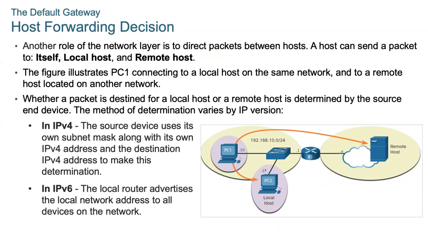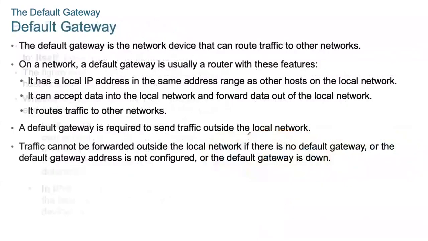Here with IPv4, the source device uses its own subnet mask along with its own IP address and the destination IPv4 address to make this determination. In this case, what is the major role that the default gateway plays? The default gateway is a network device that can route traffic to other networks. Within the network, up to the switch, it will be that.